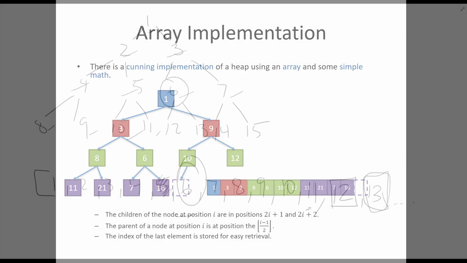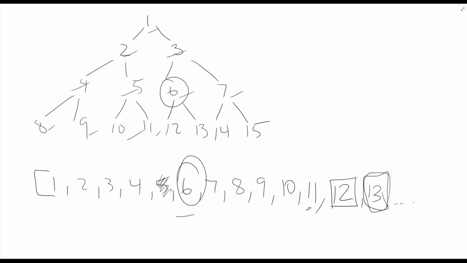Let's see if we can verify this math for us by saying, okay, say I'm in position 6. Where are my children? Well, looking at our indicator right here, my children are in position 12 and 13.